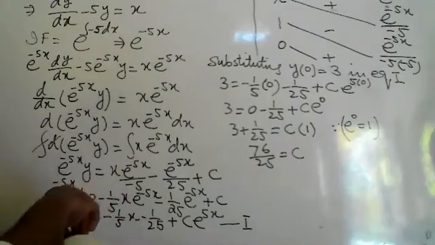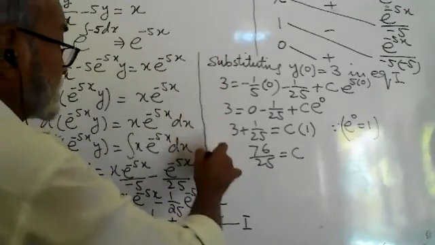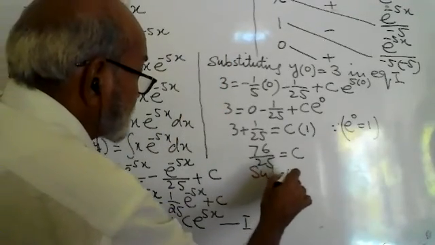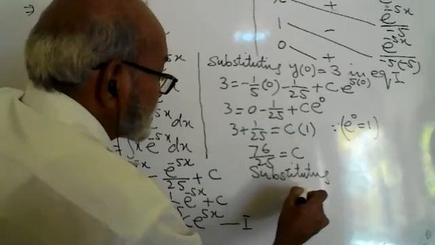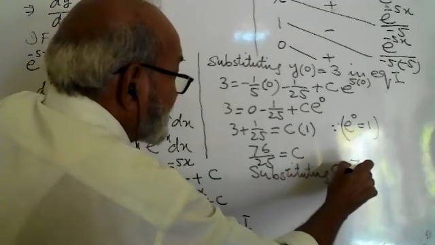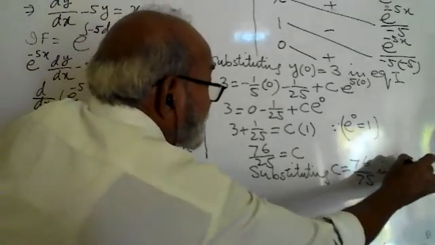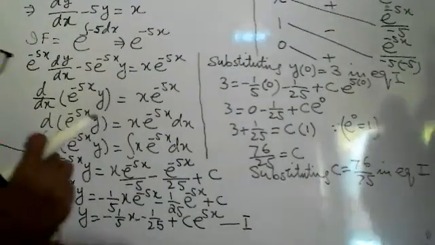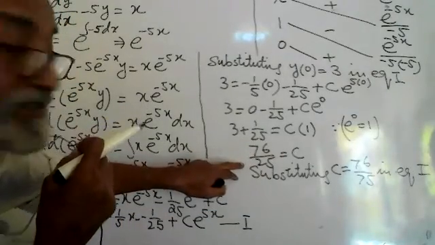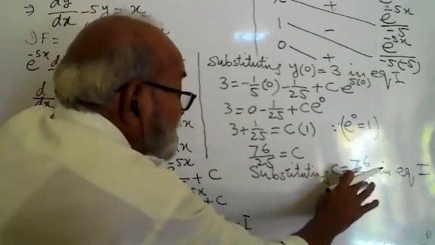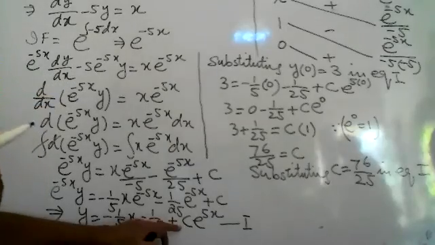We found the value of c. Now we substitute c equal to 76 upon 25 in equation 1.